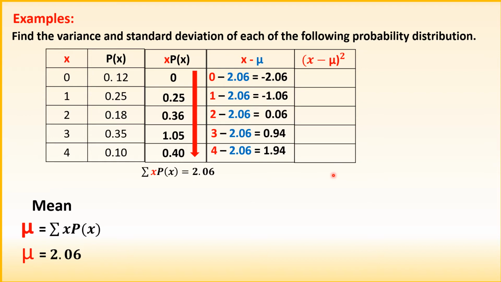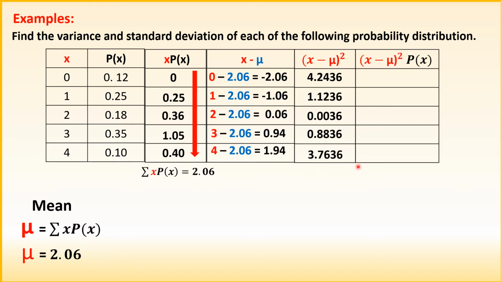Then, next table natin ay, yung difference dito, i-squared lang natin siya. So, we have here 4.2436, 1.1236, 0.0036, 0.8836, 3.7636.